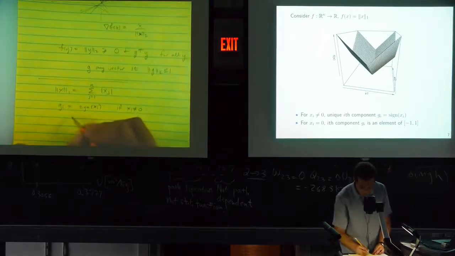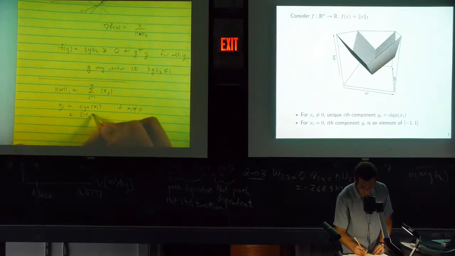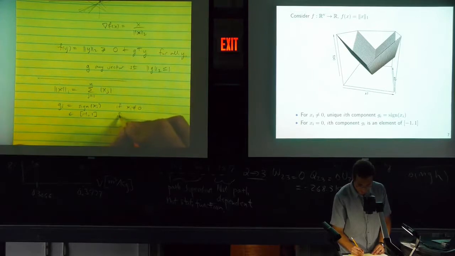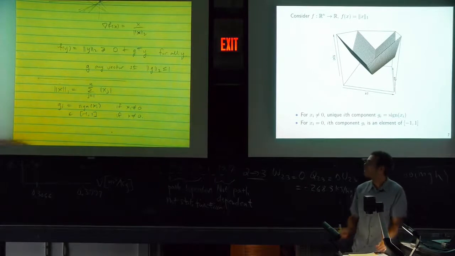And if it is 0 in the ith component, then the ith component of my subgradient must be anything between -1 and 1.